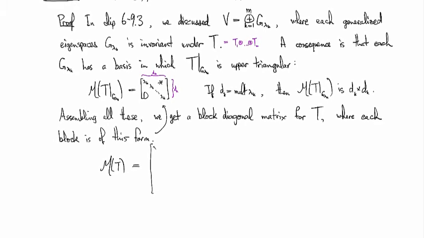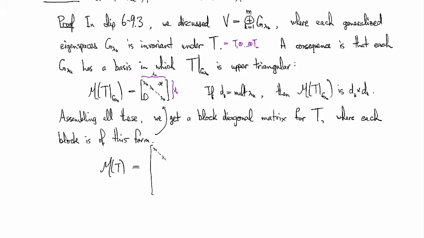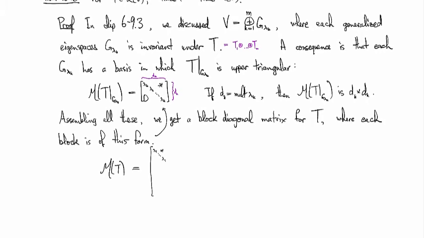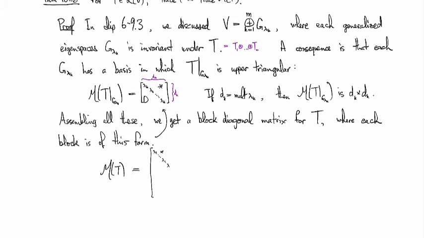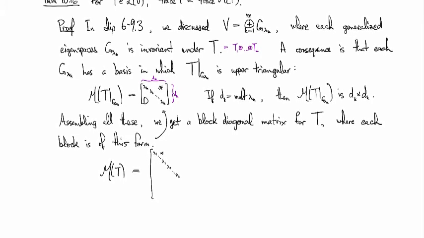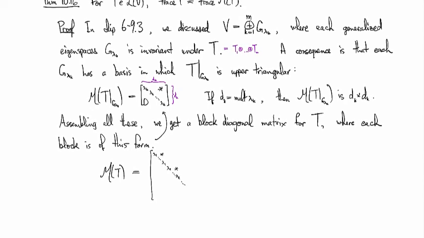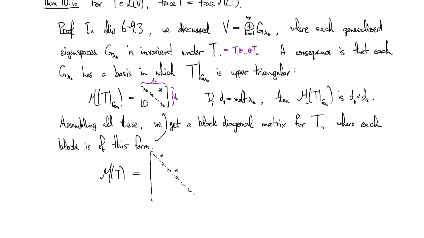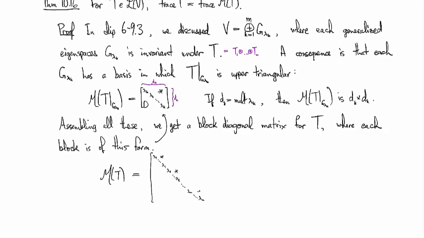and so we'll have like a lambda 1 block, and it'll have who knows what up above the diagonal here, and then we'll have the lambda 2 block. So lambda 2 will be repeated according to its multiplicity, and there'll be some stuff here, and then there'll be, you know, all the other eigenvalues, until we get to the last of the distinct eigenvalues, lambda m, and stuff here.